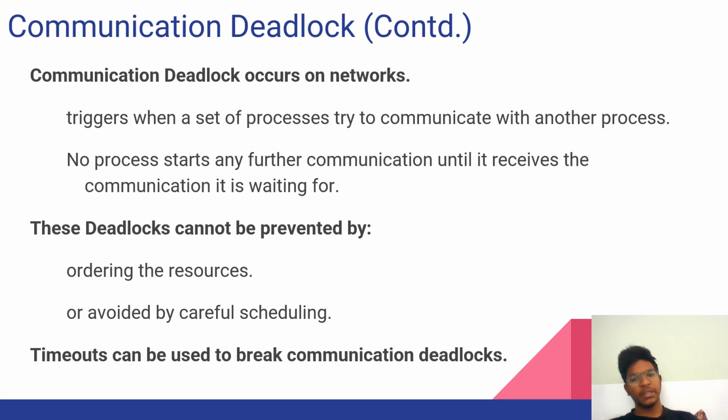It triggers when a set of processes try to communicate with other processes. As I said, no process starts any further communication until it receives the communication it is waiting for. These deadlocks cannot be prevented by ordering the resources or avoided by careful scheduling. Timeouts can be used to break communication deadlocks.